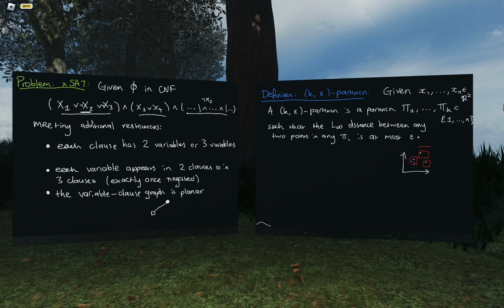So if this is epsilon, these would be examples of 3 epsilon partitions. Now the computational problem is whether or not such a partition exists. If you have a set of points and a particular K and epsilon, can you do it? Can you cover all of those points with that number of squares? So this is another problem.